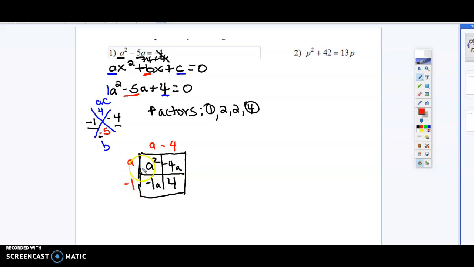The way I figure out the -1 and the -4 is I look at the number inside the box and ask, what times A will give me -1a? Well, that's -1. And what times A will give me -4a? That's -4. And I know that -4 times -1 is +4, so that checks out. If I write this out in factored form, I get A minus 1 times A minus 4.